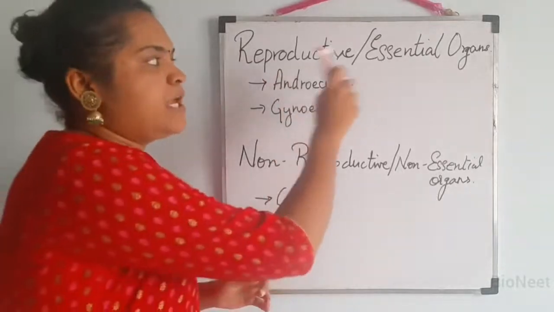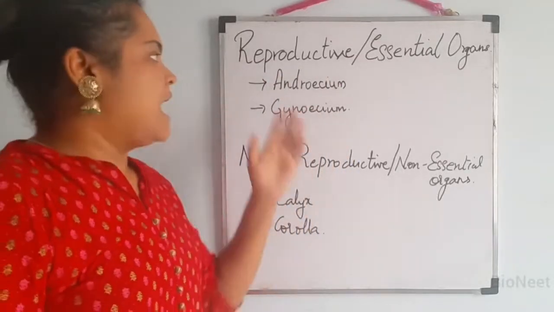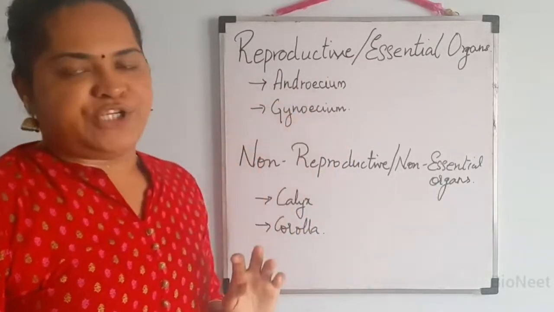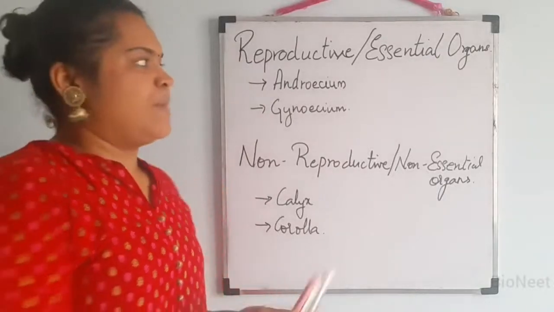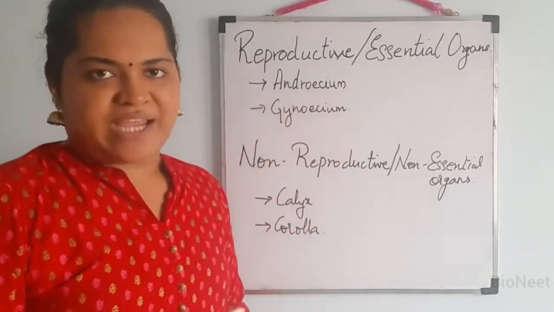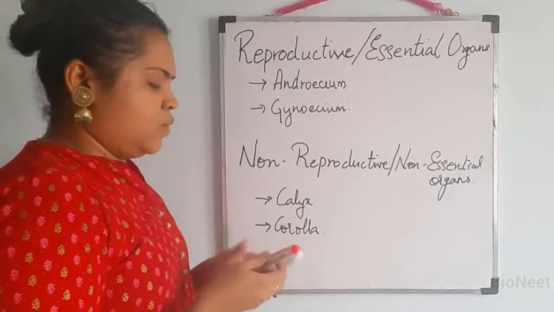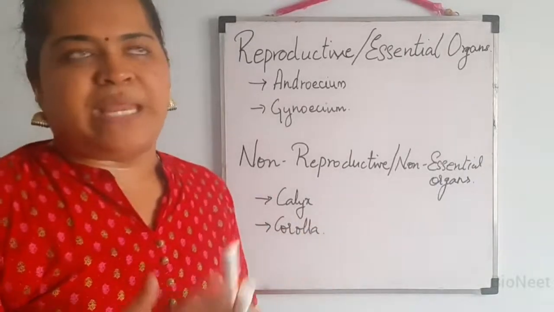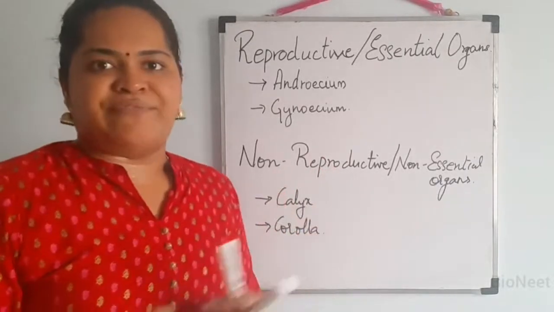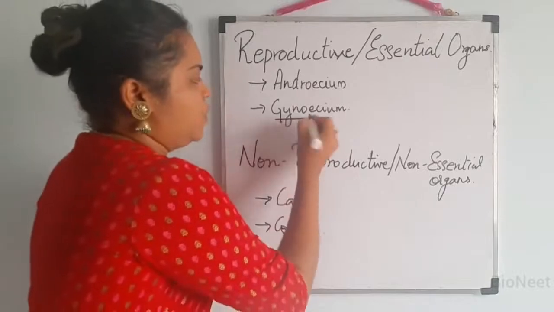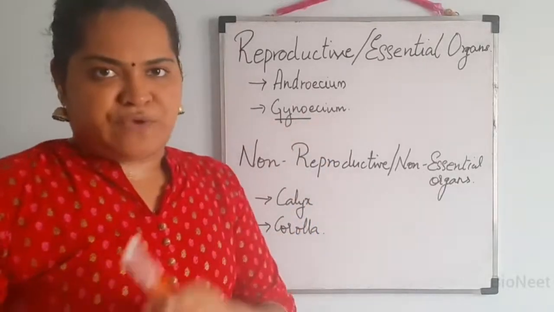Okay, so the reproductive or the essential organs are androecium and gynoecium. You don't have to get confused by seeing the terms androecium and gynoecium. We have heard in our life the word gyno. Gyno refers to the females, right?